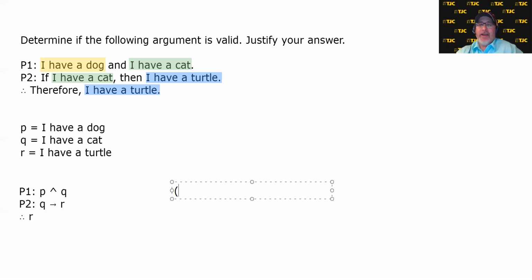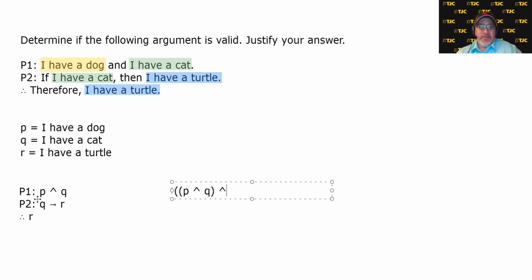So let's start writing our implication, the conjunction of the premises. Let's get the first premise and put it here. But that premise is a compound statement, so it will go inside its own parentheses.